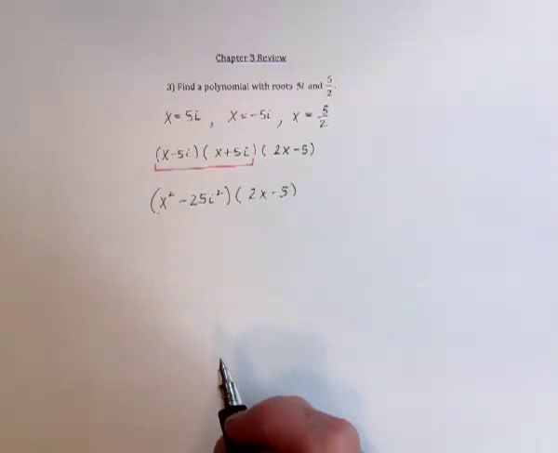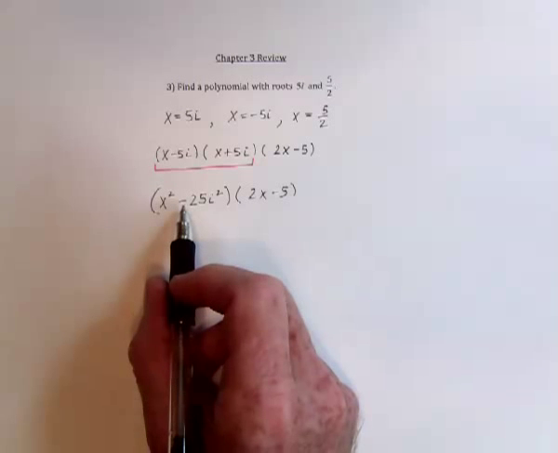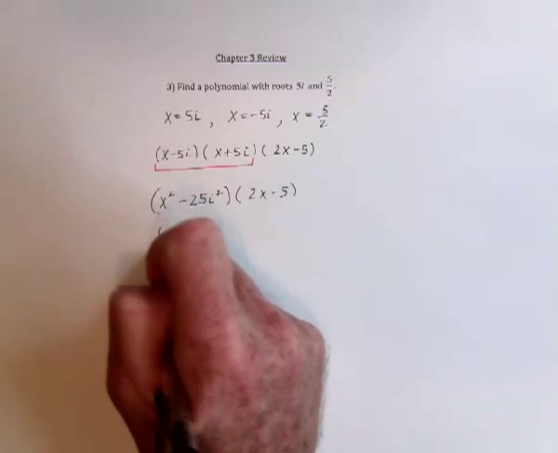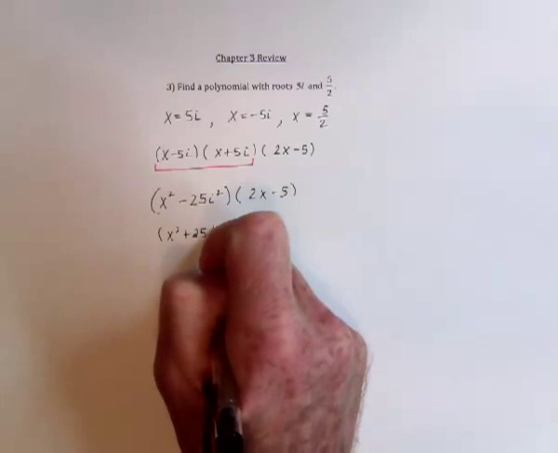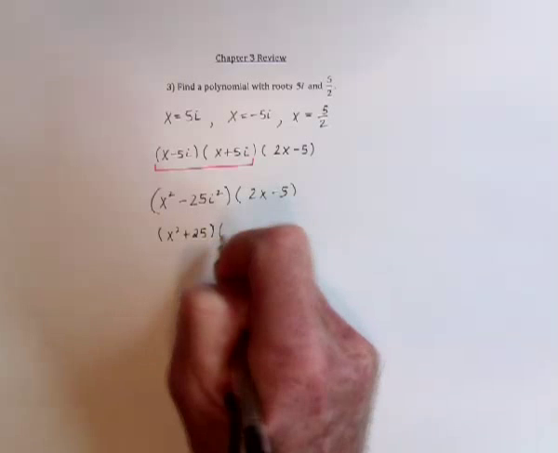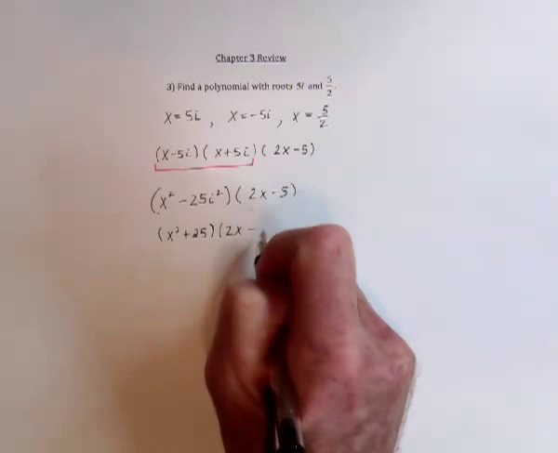And then i squared is a negative 1, so this actually becomes a positive 25. So we've got x squared plus 25 gets multiplied with a 2x minus 5.